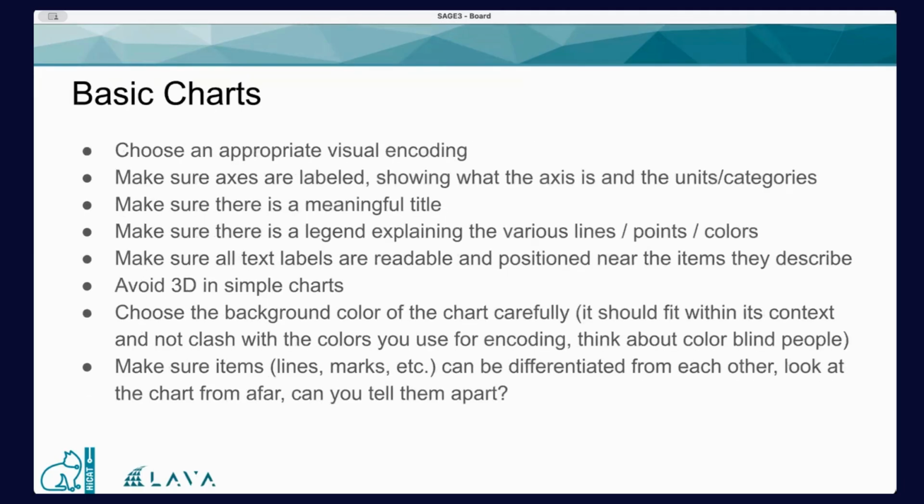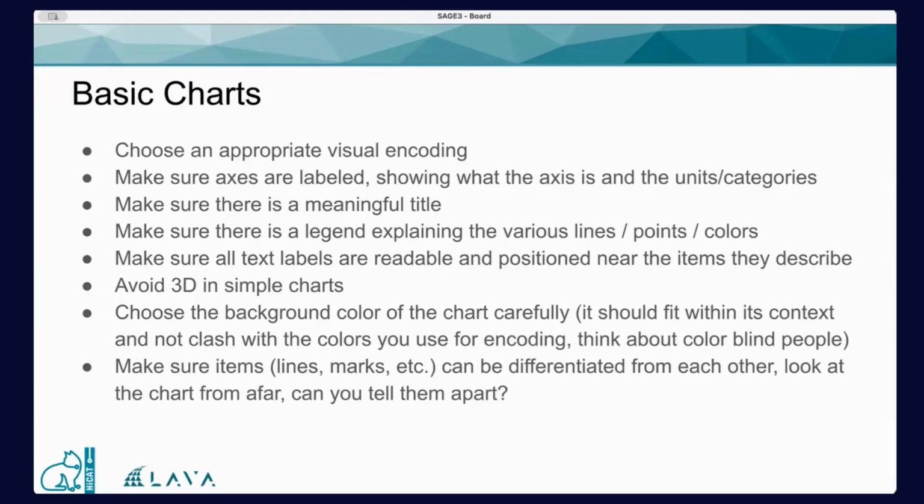When we're making these basic charts, bar charts, line charts, pie charts, scatter plots, we always want to make sure that we're choosing the correct, or I guess the least bad, visual encoding. You want to make sure that everything is labeled. You want a meaningful title.